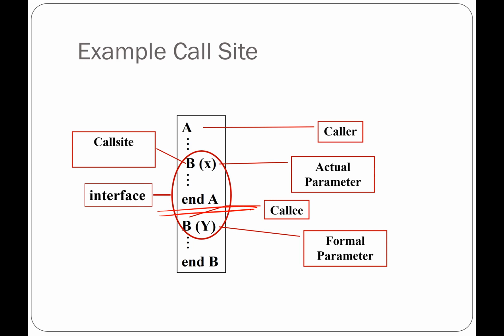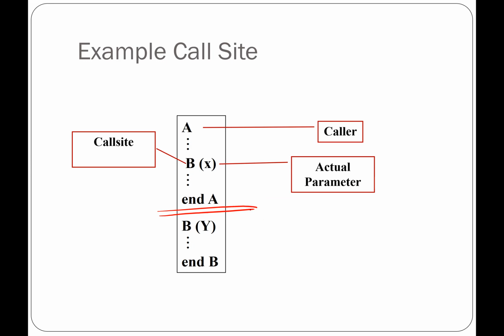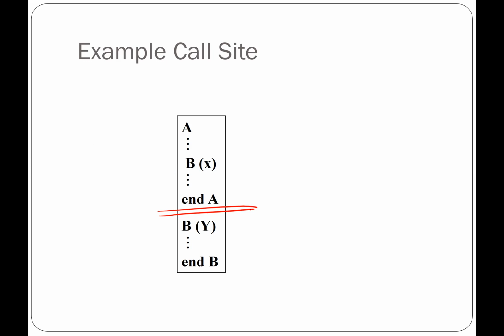The place between the call site and the beginning of the method being executed in the callee unit, this is what we call the interface. In other words, this transfer of control flow from this line to that line is where integration testing actually happens.